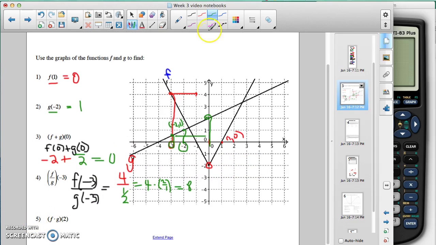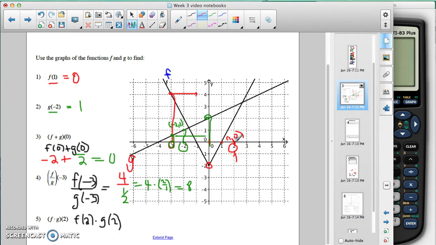Okay, and our final question here, we're multiplying, so we're going to take f of 2 times g of 2. We're going to be looking up the values at 2. So we're going to be looking at the values starting here. Here's our value of 2. So we're going to look up to the graph at 2.